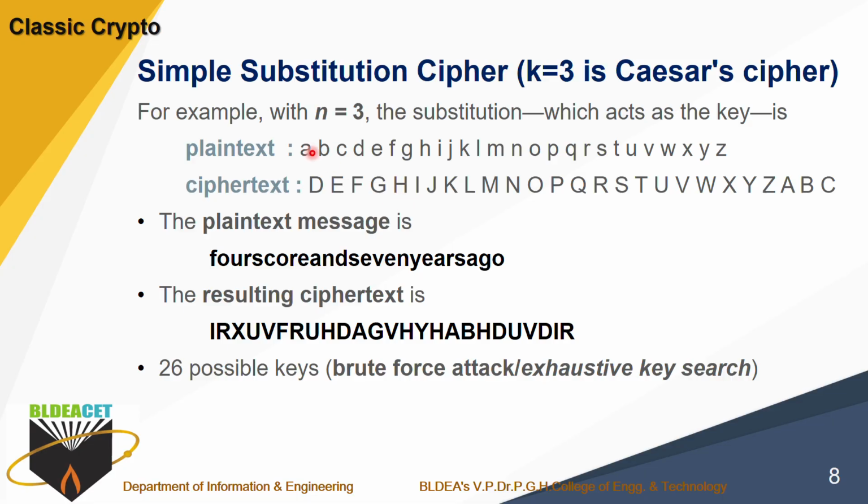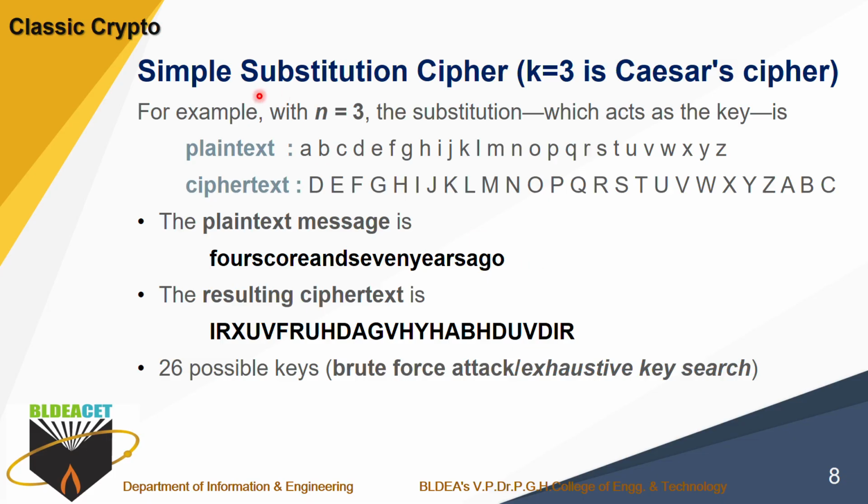So this is what we call simple substitution. In the place of one character, you are using another character. How many characters you shift is based on your n value. n is nothing but the key. If that key value is 3, then you call that a Caesar cipher. In the same example, here one plain text message is there: 4 score and 7 years ago. So this is your plain text message.